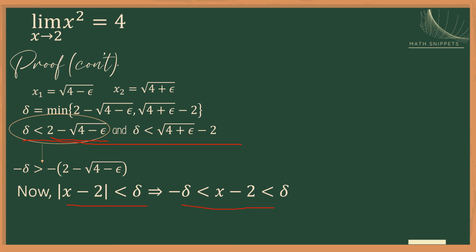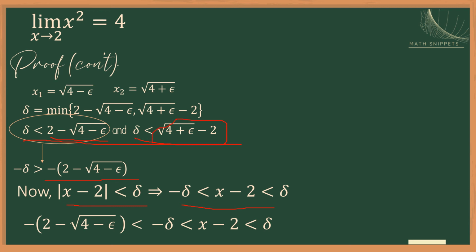When we remove the absolute value, we get an inequality that is equal to this: negative delta less than x minus 2 less than delta. Now, negative delta is greater than the negation of the expression 2 minus square root of 4 minus epsilon. So, we lay it down here. Also, delta is less than square root of 4 plus epsilon minus 2. So, we put it down there.